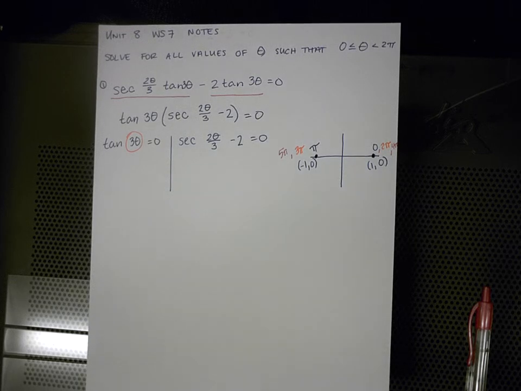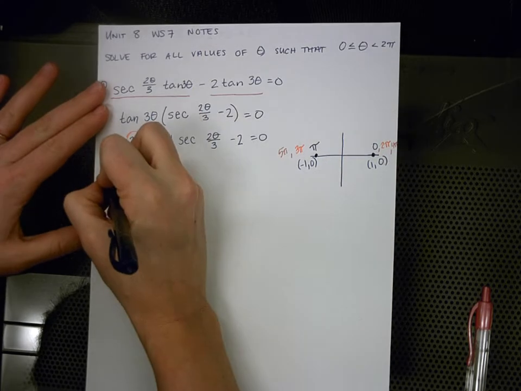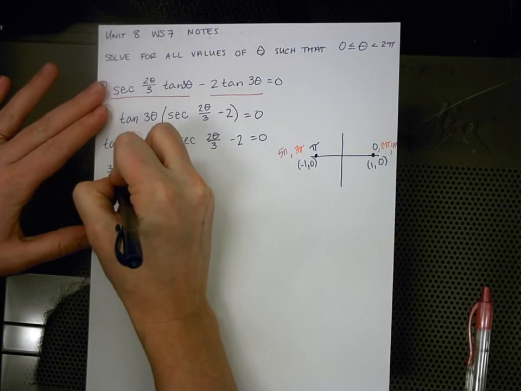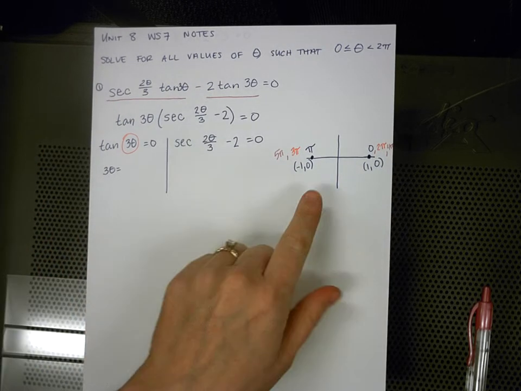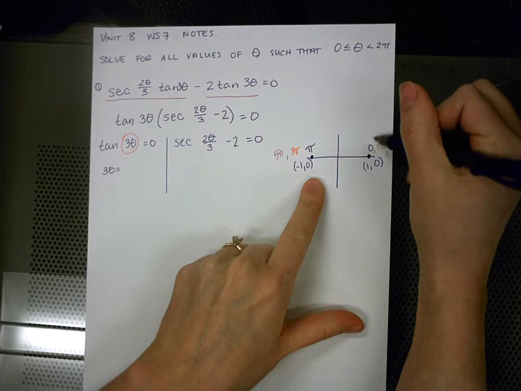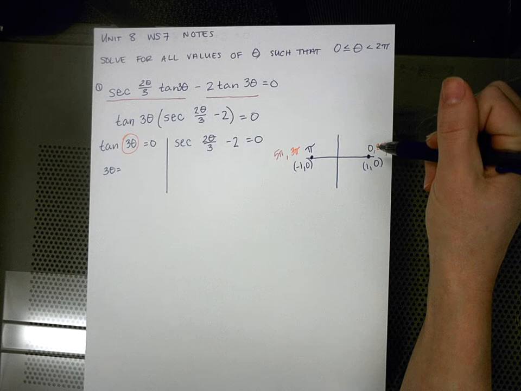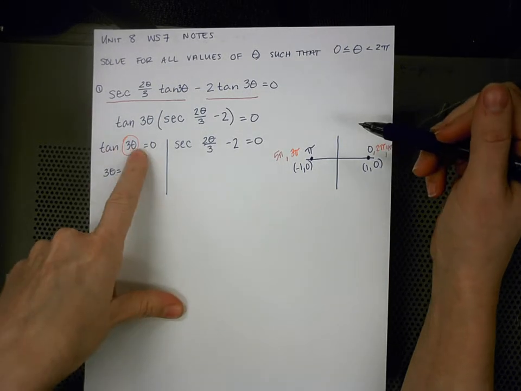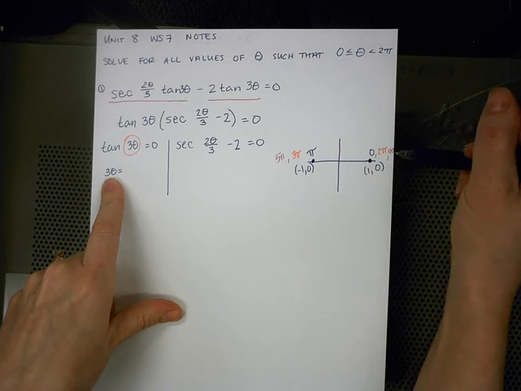So this 3 theta right here is actually equal to each of those values, because tangent of 3 theta would get me 0. 3 theta would be 0, pi, 2 pi, 3 pi, 4 pi, or 5 pi.